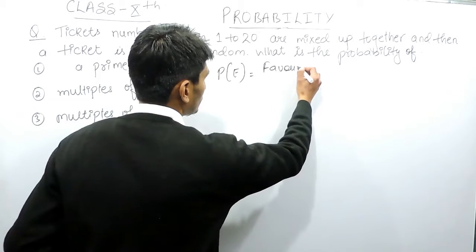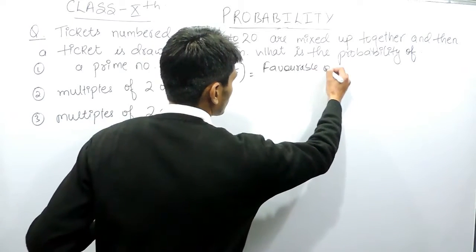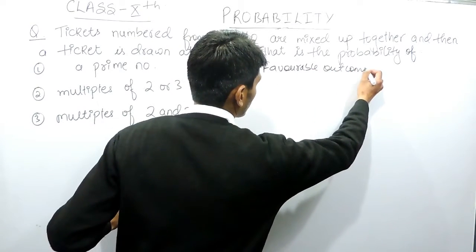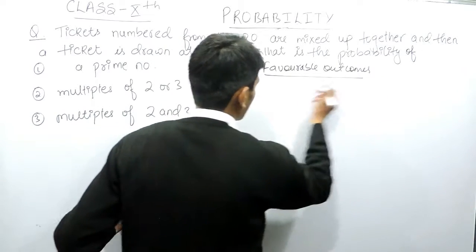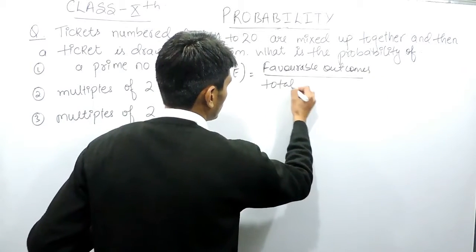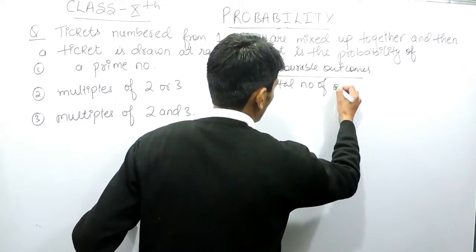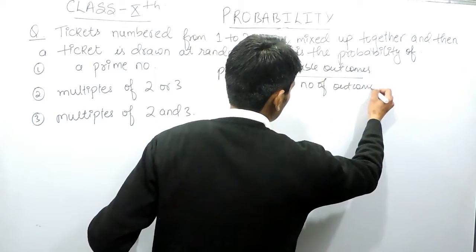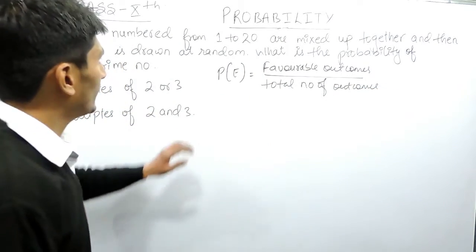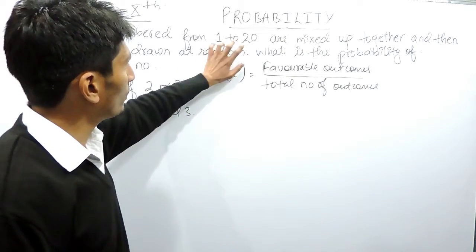So first of all, we know that the probability of an event is basically equal to the favorable outcomes divided by the total number of outcomes. In this case, there are tickets numbered from 1 to 20.